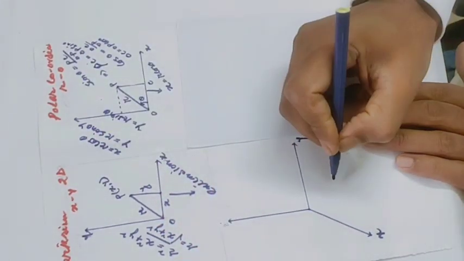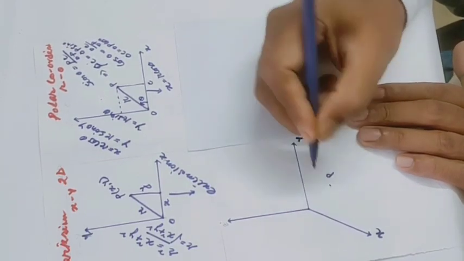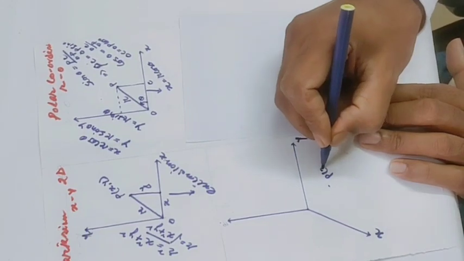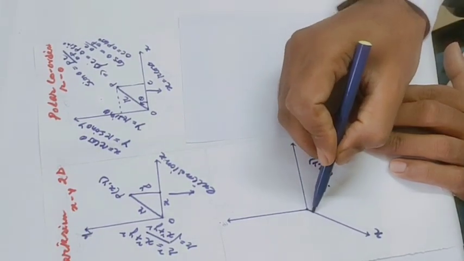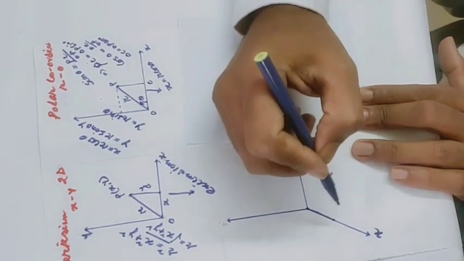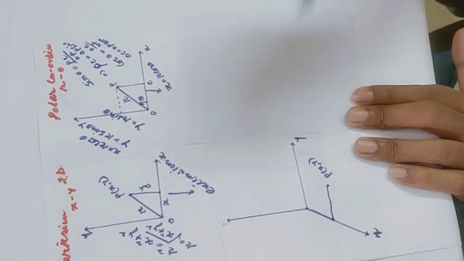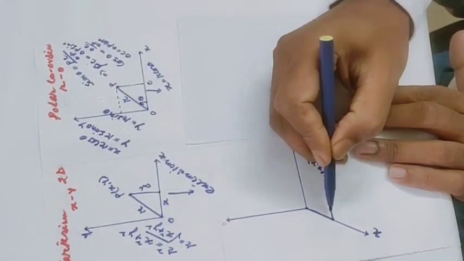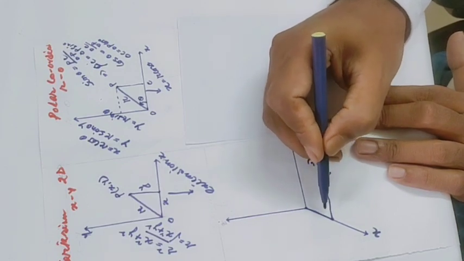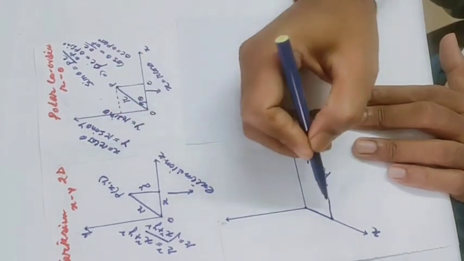Now you are to represent a point, any point, say point P. In the xy plane, of course, the coordinates will again be x, y. So you have to first move along the x-axis, then you have to move along the y-axis. Okay, y was perpendicular to x, so this is also perpendicular to this. Though in this diagram you don't see it as perpendicular, it is perpendicular. Same thing I am drawing here.